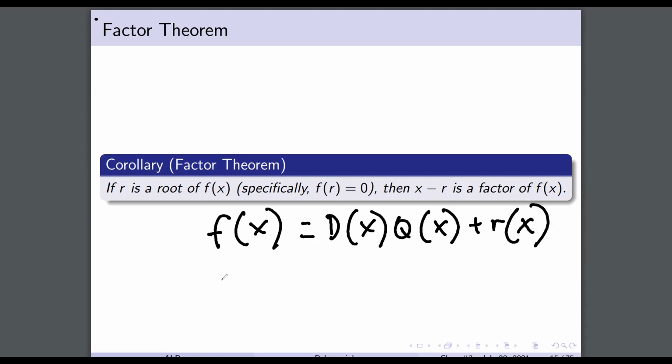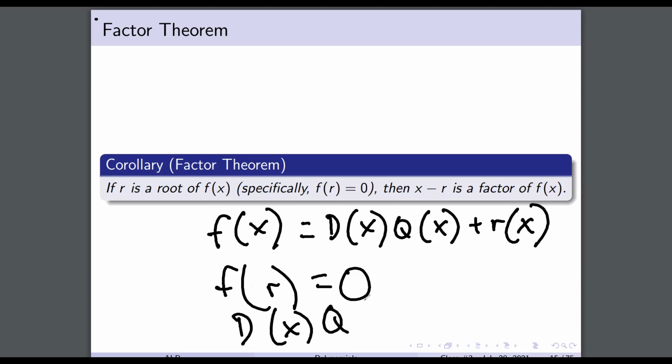So if f of r equals 0, that means d of r times q of r plus the remainder r of r will also equal 0.